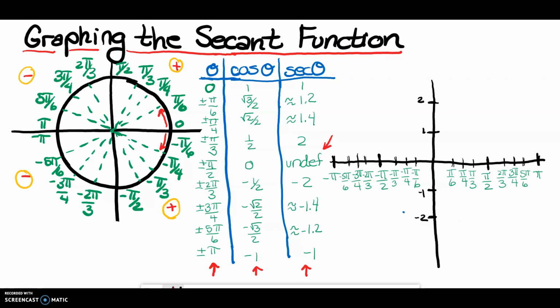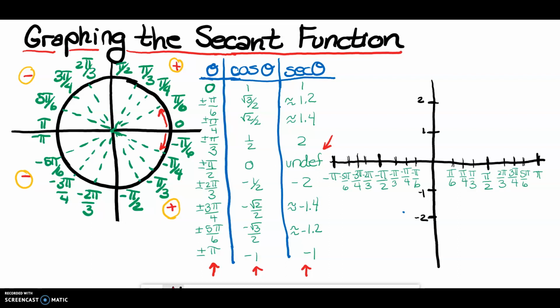So anytime you're taking the cosine of an angle that's coterminal with pi over 2 or 3 pi over 2, you're going to end up with an undefined value for secant. And when we have undefined values, what do we graph? We graph asymptotes.